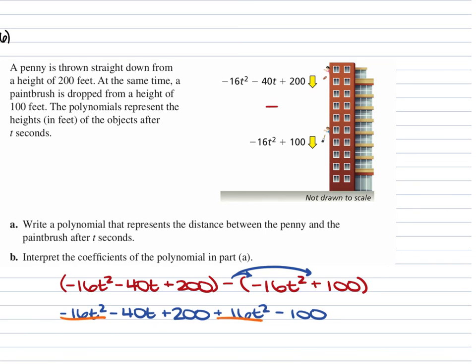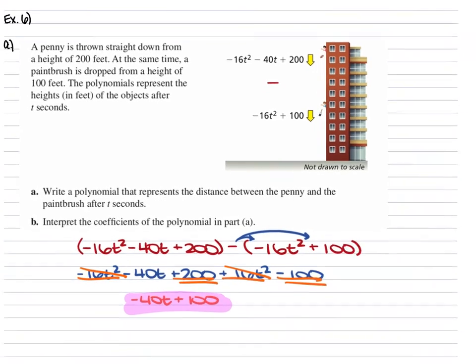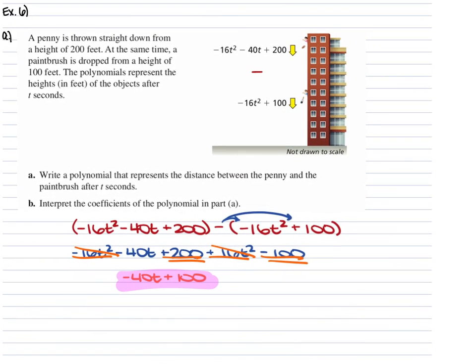Your t squareds are opposites, so they cancel out. We're going to have negative 40t, and then that 200 minus 100 is a positive 100. So negative 40t plus 100 is the distance between that penny and that paintbrush.